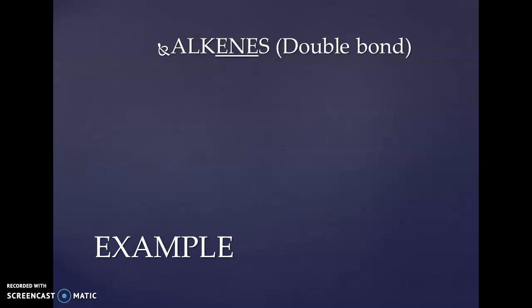Now let us see the homologous series of alkenes. We all know that alkenes are double bonded unsaturated hydrocarbons. The general formula is CnH2n. The first member starts with 2 carbon atoms, which means n starts with 2. If you substitute in this formula, it will be C2H4.